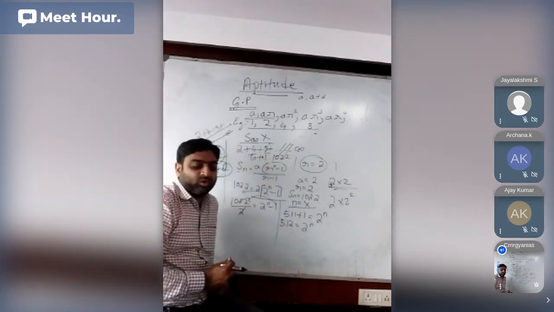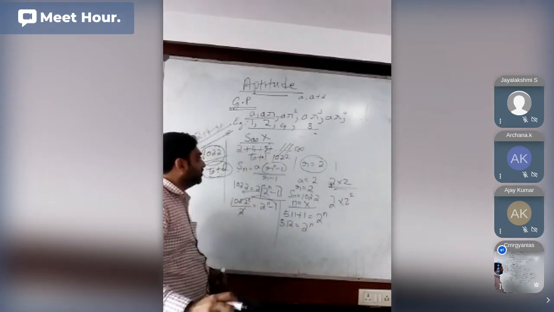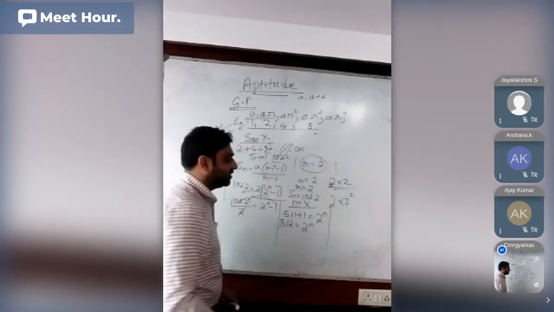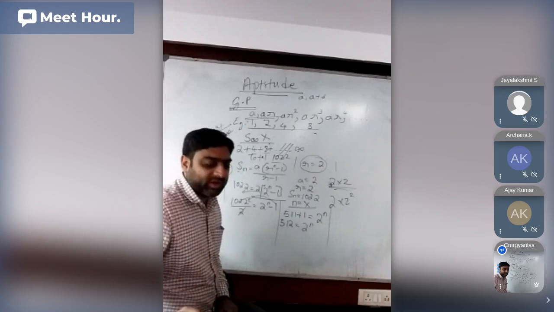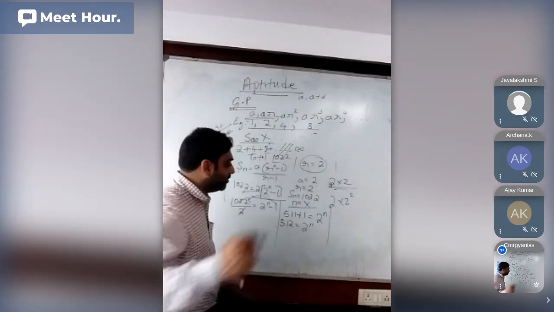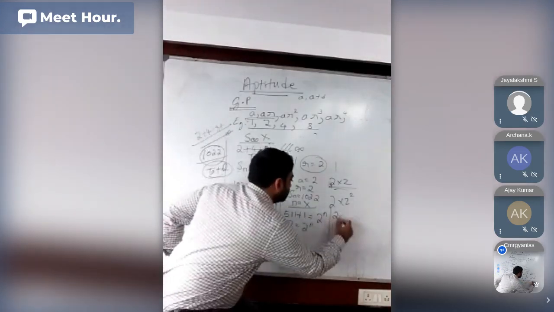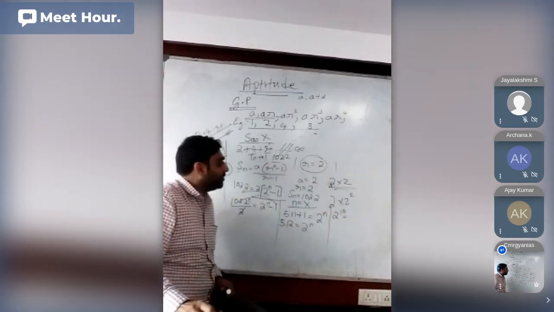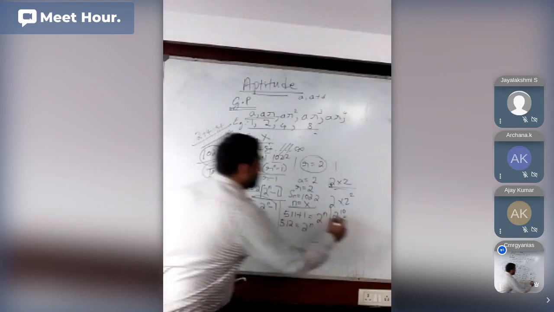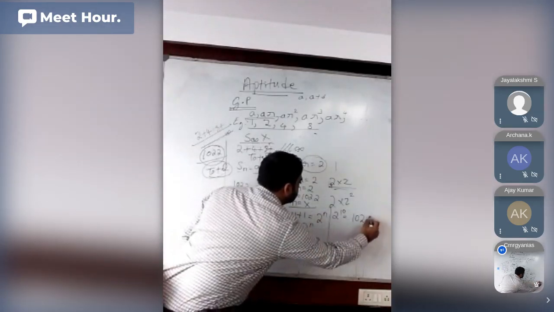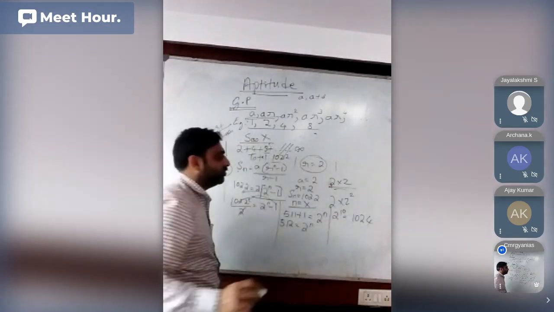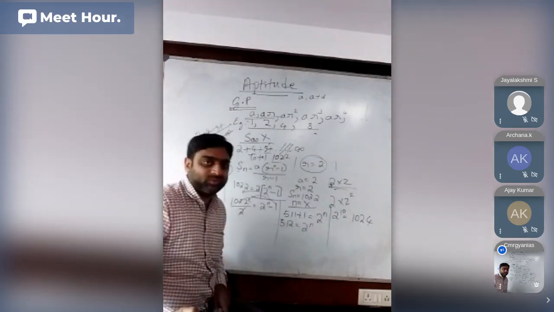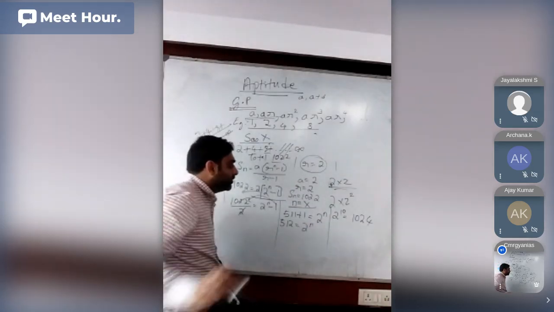Now if we know the powers of 2, you should know some important powers, which I will give you in later classes. So now, 2 raised to 10 is how much? 2 raised to 10 is 1024. 1024 divided by 2 is 512.